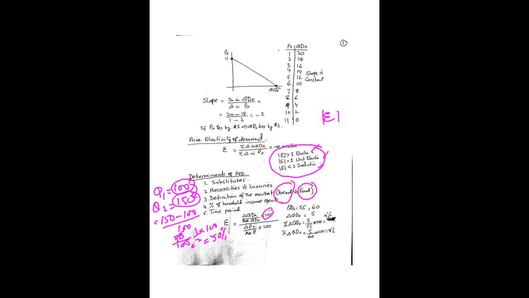Now there's a problem. If I ask you in units, not in percentages, when I move from Q1 to Q2, there's an increase of 50 units. And if you move from Q2 to Q1, exactly the opposite, that is, output is decreasing, from 150 to 100, again a 50-unit loss.